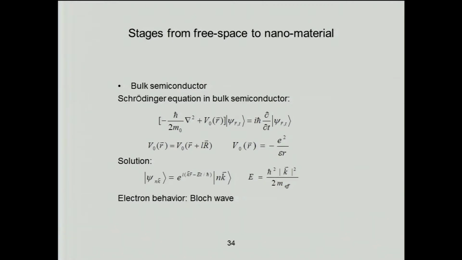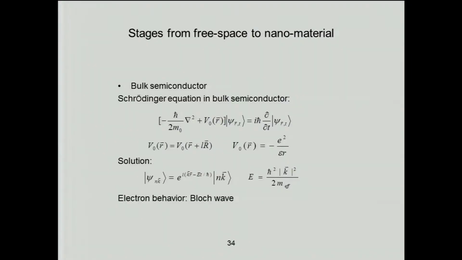When you solve this for a semiconductor, every electron could have any energy possible, but because of this there is a certain region where, for certain values of k, the electrons will have a certain energy. So the band structure says that electrons having some energy would be in a certain area.